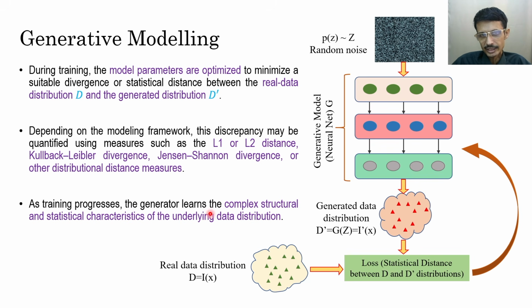When training progresses, the generator learns the complex structure and statistical characteristics of the underlying data distribution, so that we get samples closer and closer to the real ones, but not the same sample. That is very important.